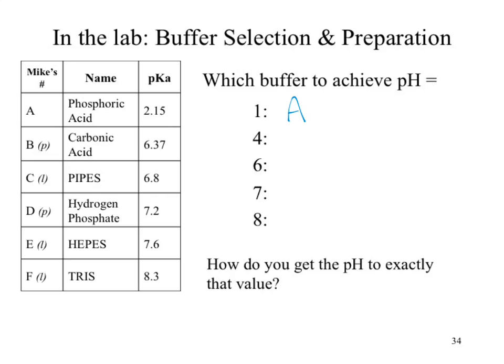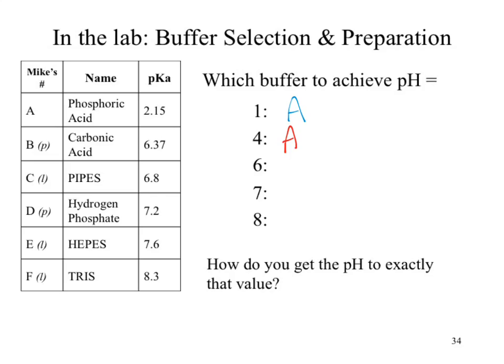What might I want to use? This one's actually kind of tricky. We want to pick a buffer that has a pKa as close to 4 as possible. Phosphoric acid. Phosphoric acid is darn close, so we could pick phosphoric acid. Carbonic acid, ballpark, getting kind of close.